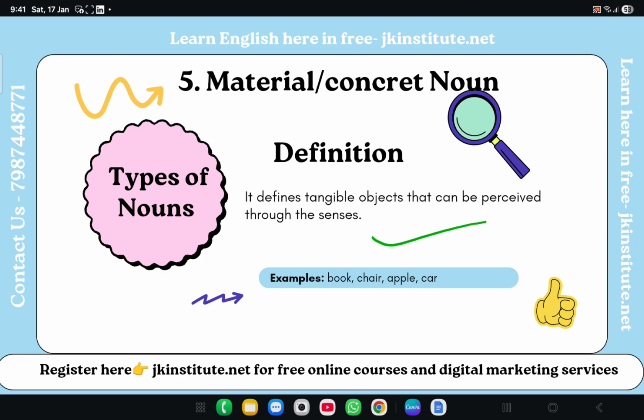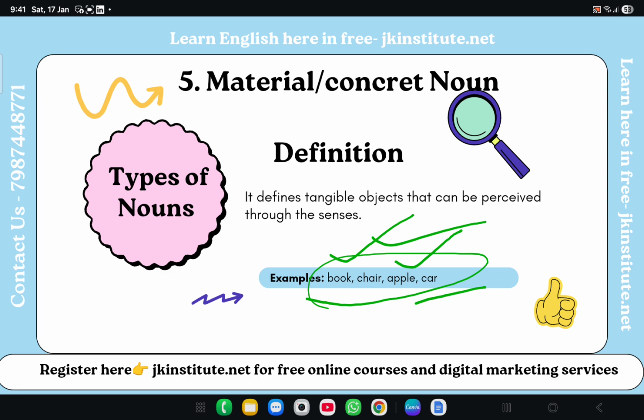Using our hands we make many things which are non-living. Examples of material nouns: book, chair, apple, car. Book, chair and car are human-made things. Apple is a natural, concrete noun. So that is the little difference between material and concrete nouns.